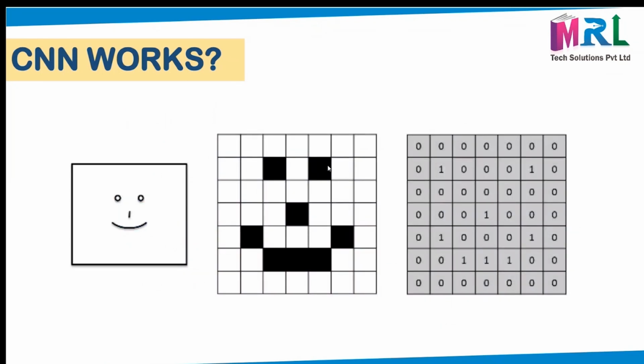This is the pixel representation of this smiley image. The other parts are zeros, and the parts in the eyes, nose, and the lips are black, which is represented as 1. It is nothing but 7 cross 7.